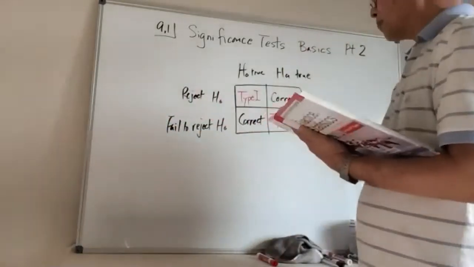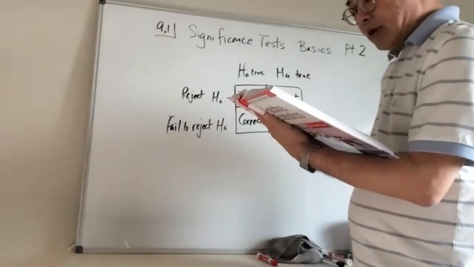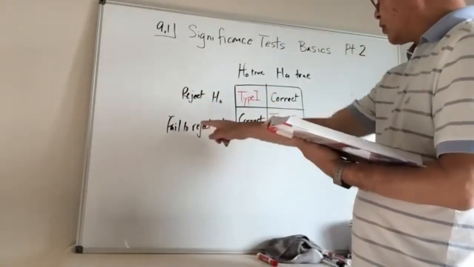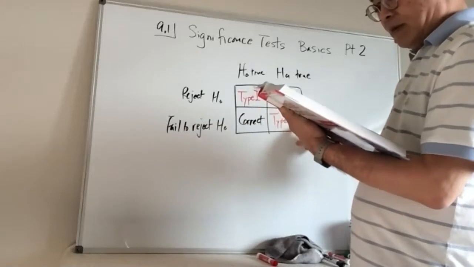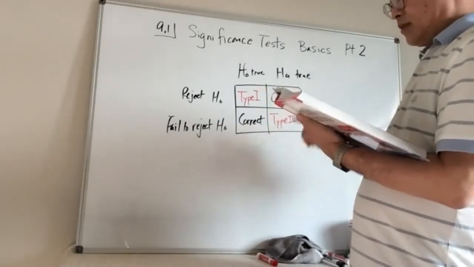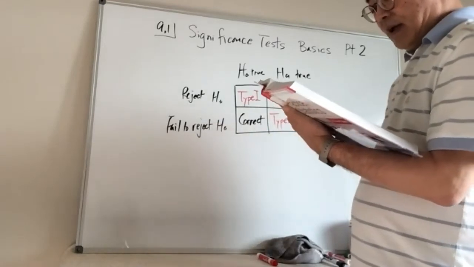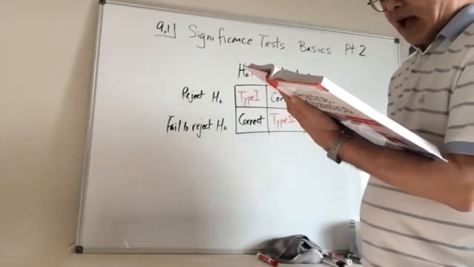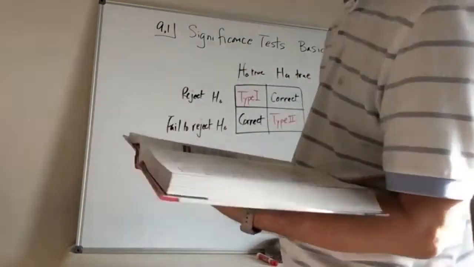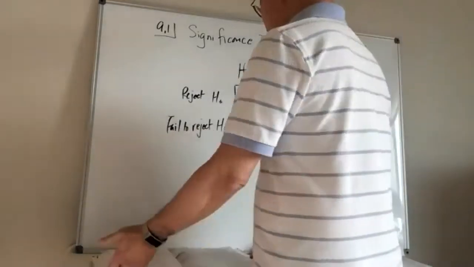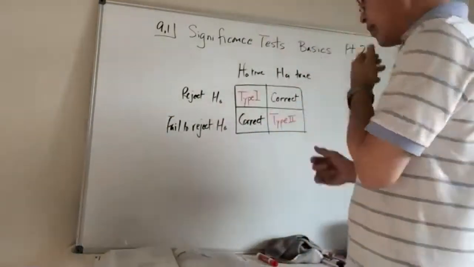A type 2 error occurs if a test fails to reject H0 when Ha is true. That is, the test does not find convincing evidence that Ha is true when it really is. That's the difference between the type 1 and type 2 error.